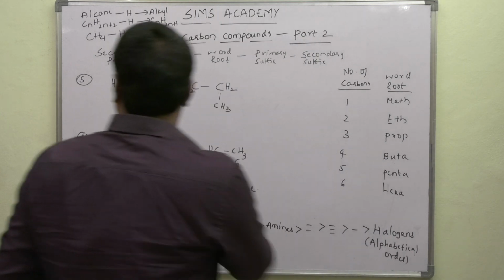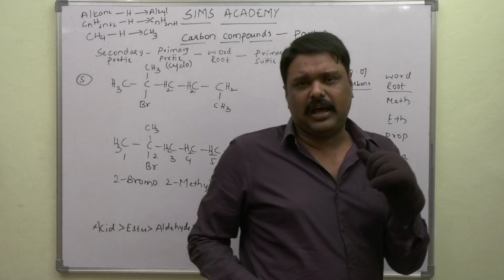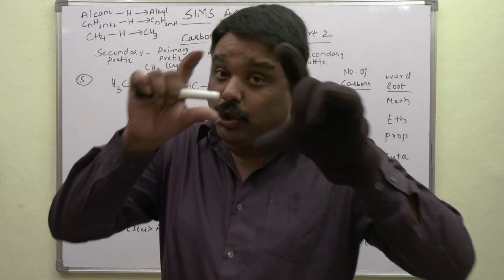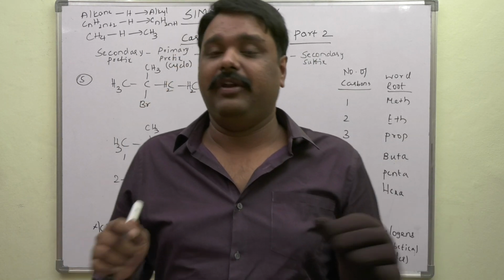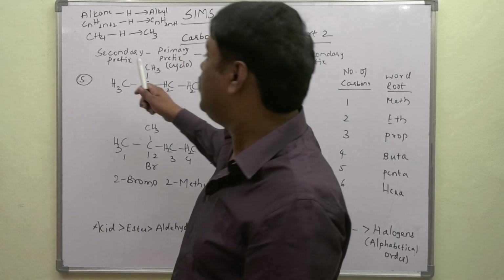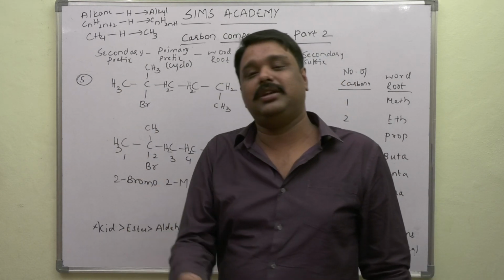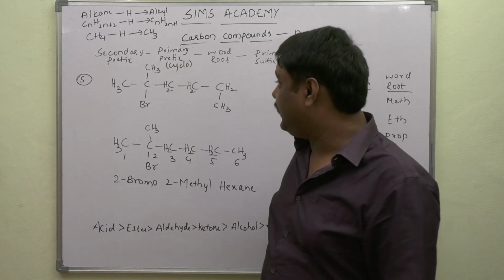That means we have learned about naming the organic compound, how to give numbering for the organic compound, how to choose the longest chain when we have the substituents here. Secondary prefix always mention the substituents, and primary prefix it is for cyclic compounds.